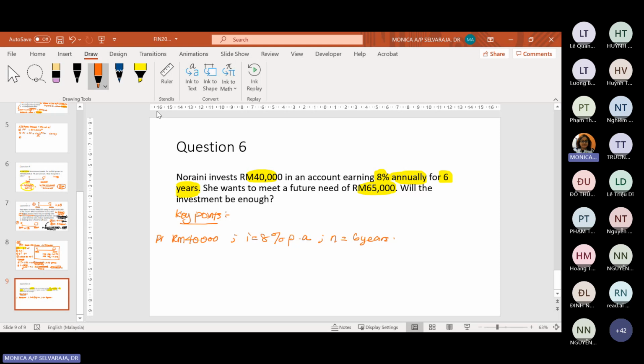So present, they put in 40,000. So this person needs 65,000.